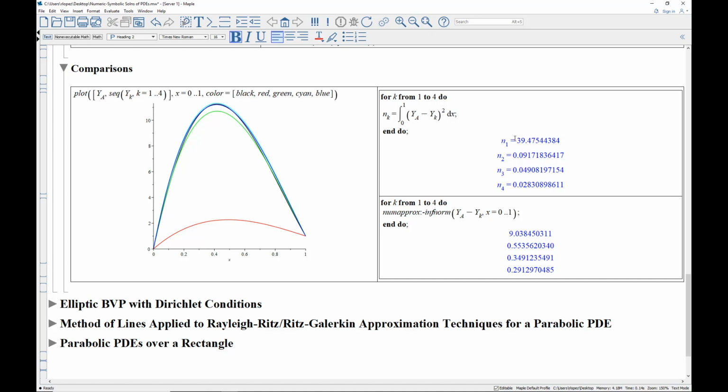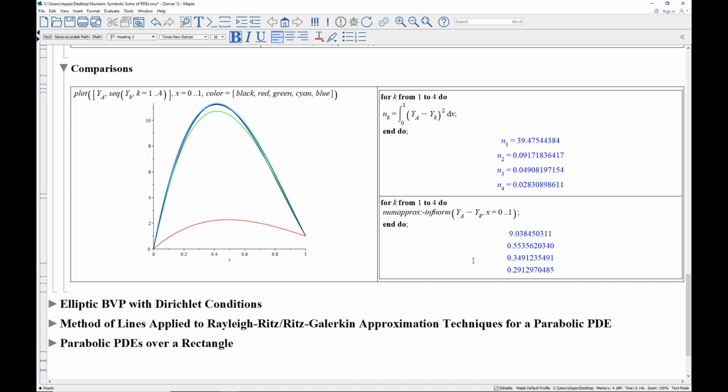You can see for the least square solution, that's a rather large number, and the smallest number is down here for collocation. And here I'm looking at the max of the absolute value of the difference. And here the worst one is the least squares, and the best one is, again, collocation.